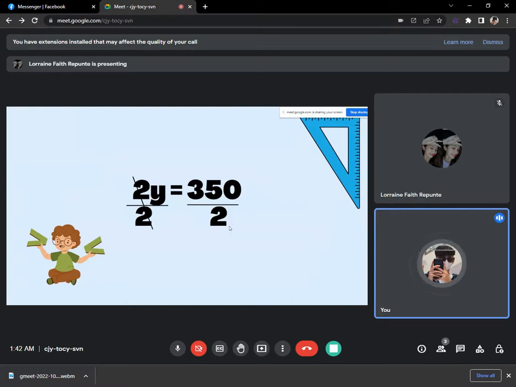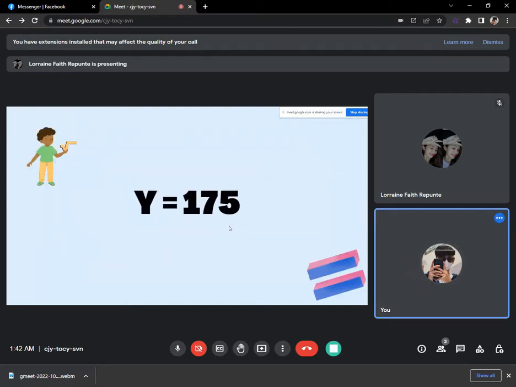So our equation is y equals 175. So we have the cost of the necktie, which is 175.